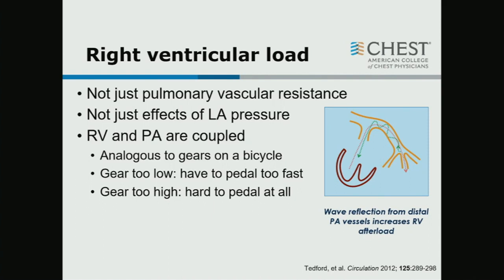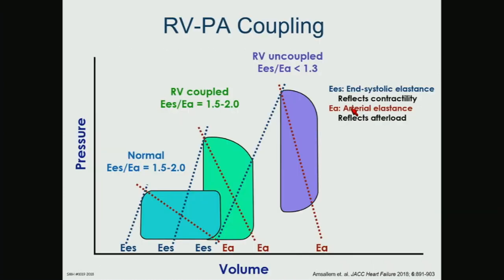You don't like doing that. And if the gear is too high, it's really hard to move the pedals at all. So you kind of want to match the right gear to the right terrain. So that's what happens when it's coupled. And some of the coupling depends on wave reflection from the distal vessels. So the pressure wave goes out, it reflects off the distal vessels, and that reflects back into the right ventricle.